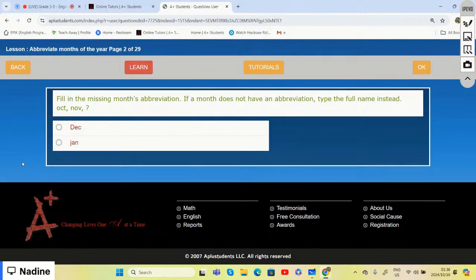What comes after November? Is it December, option one, or January, option two? And if we were to select our abbreviated words, we would say October, November, December.